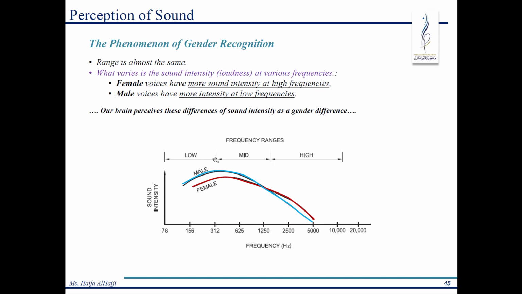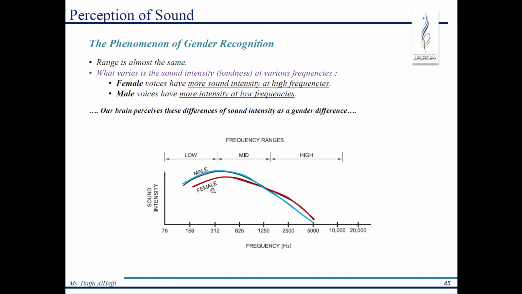Now they graphed both sounds coming from the male and female at different frequencies. So these are the frequencies and their sound intensity, which is related to loudness. And they found out that when I speak, the sounds of high frequency are at a higher loudness, at higher intensity.